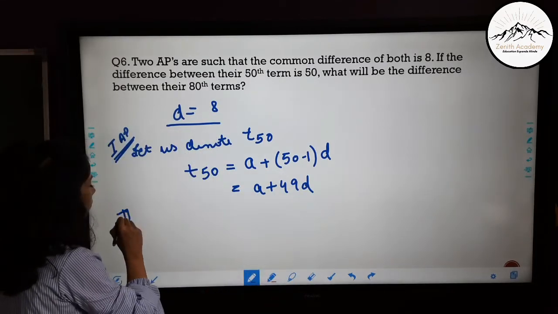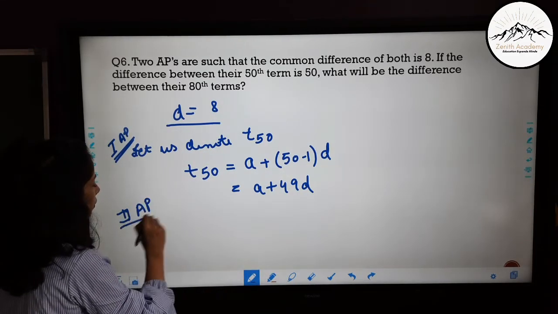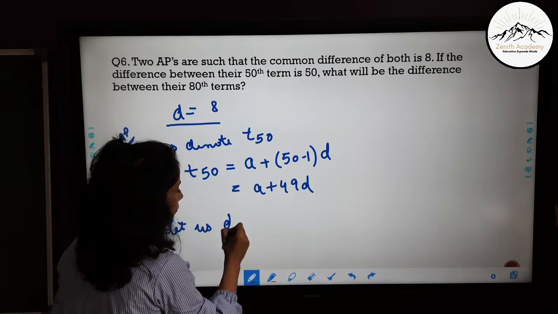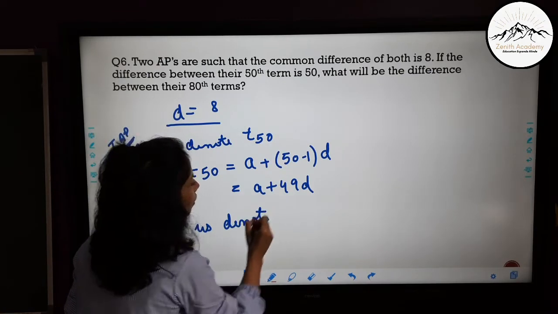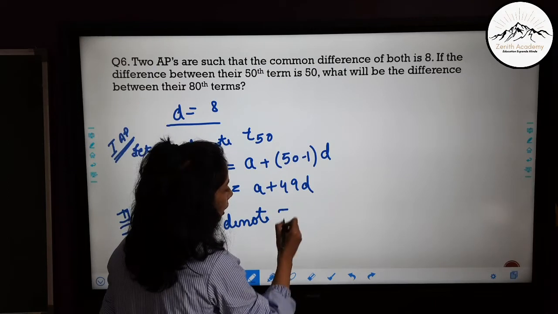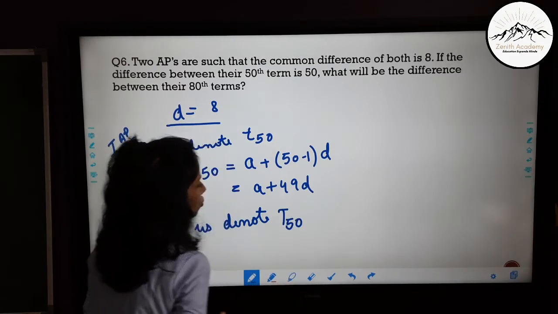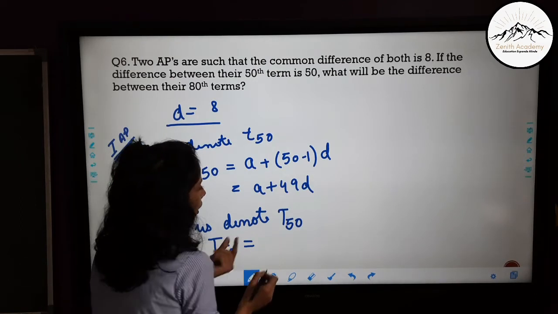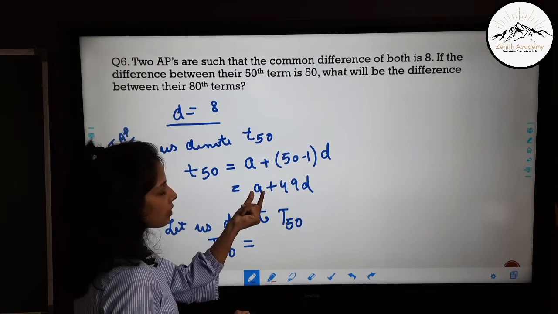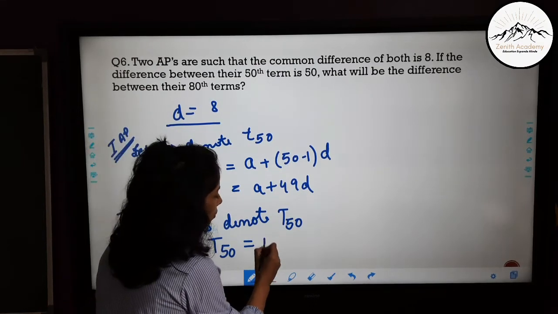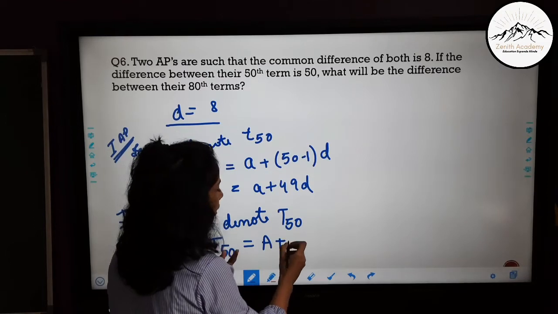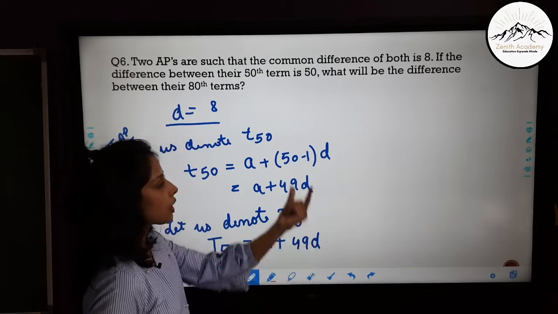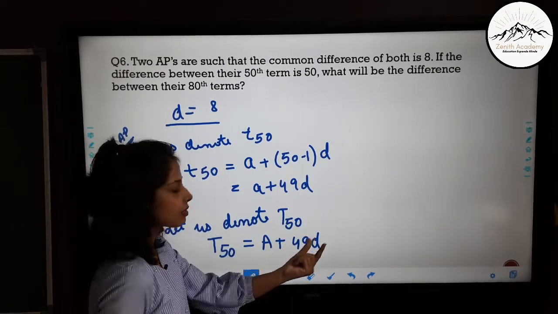For the second AP, let us denote the 50th term of the second AP by capital T. Now here we have taken small a as the first term, so let's take capital A for the second AP as the first term: A plus 49D. D will remain the same because the common difference of both the APs is the same.